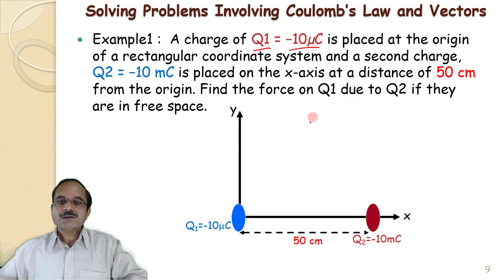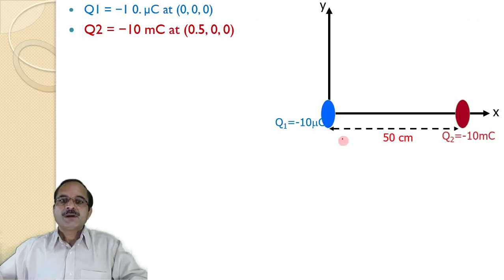Find the force on Q1 due to Q2 if they are in free space. If they are in free space, that means I have to take epsilon 0 here. So this is a simple problem. Directly we can substitute the values in the formulas we have seen earlier. So let us evaluate it.